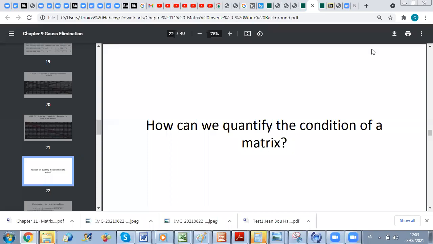Okay. So if you remember, last time we introduced how we can use the inverse of a matrix in several applications. The first application of using the inverse of a matrix was to test the sensitivity of the solution on one of the variables of the vector of results.